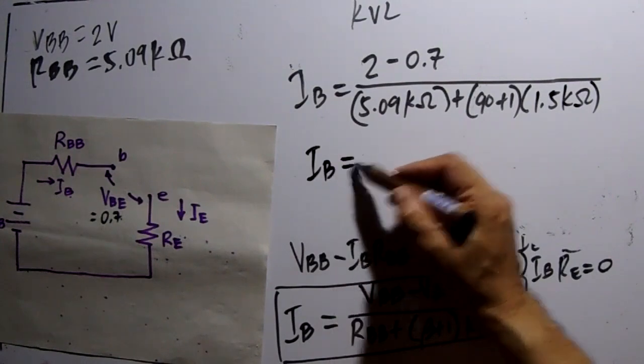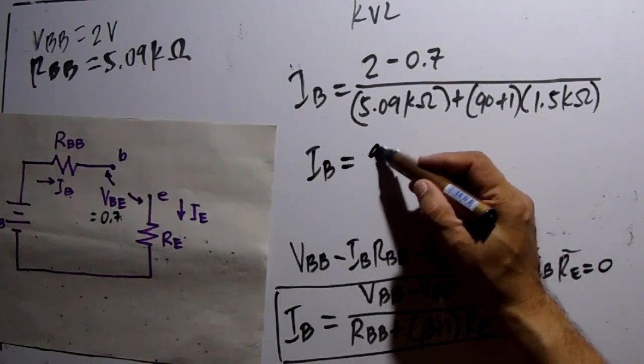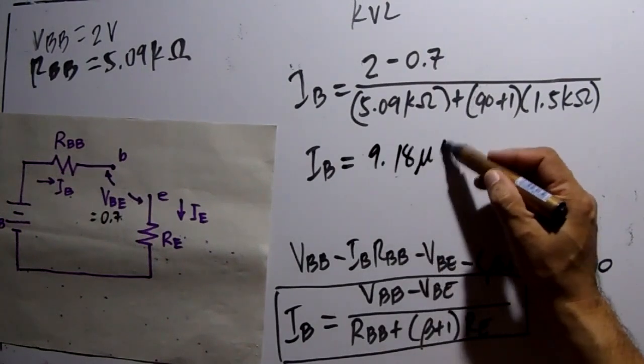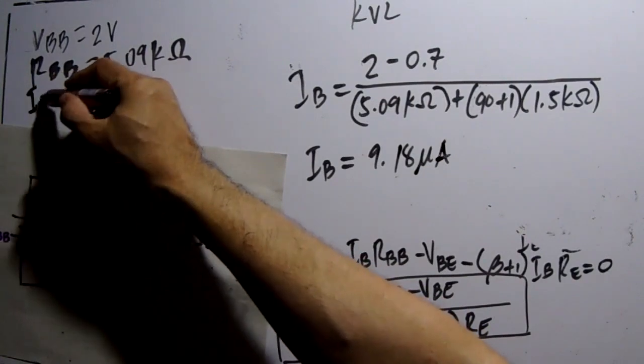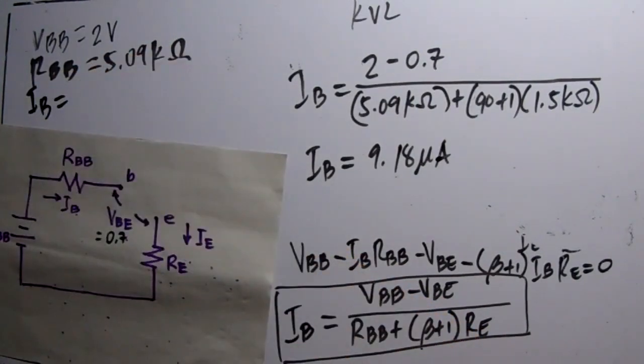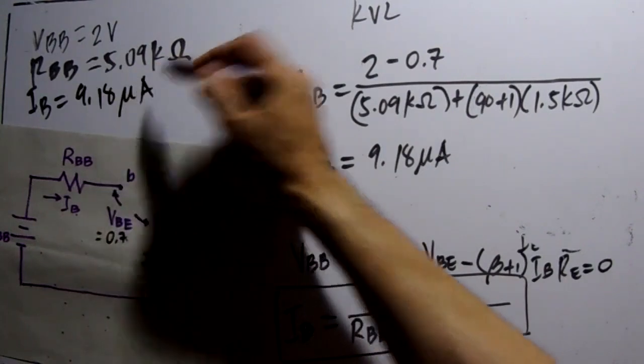And using our calculator, we can find IB to be equal to 9.18 microamperes. So IB is equal to 9.18 microamperes.